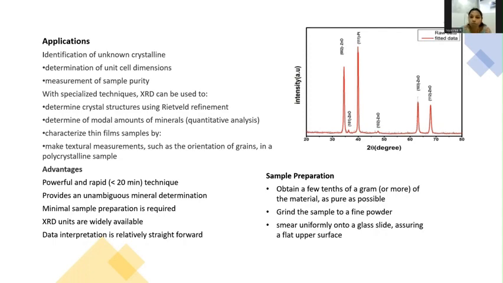Many students who work on polymers read research papers and articles, and may sometimes not understand that a polymeric sample is amorphous, and they may go for X-ray diffraction analysis. They may not get much detail from X-ray diffraction for an amorphous sample. An amorphous sample will always have just a flat kind of graph.